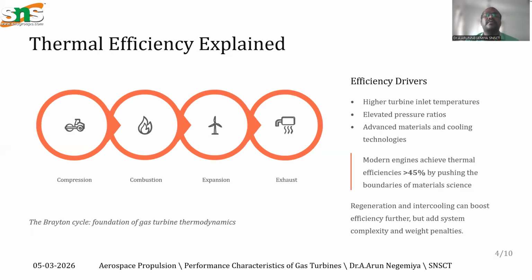For thermal efficiency, the most heat is generated in the turbine area. Around 45% of the air is found in that turbine area, so we utilize high temperature materials for that particular area.